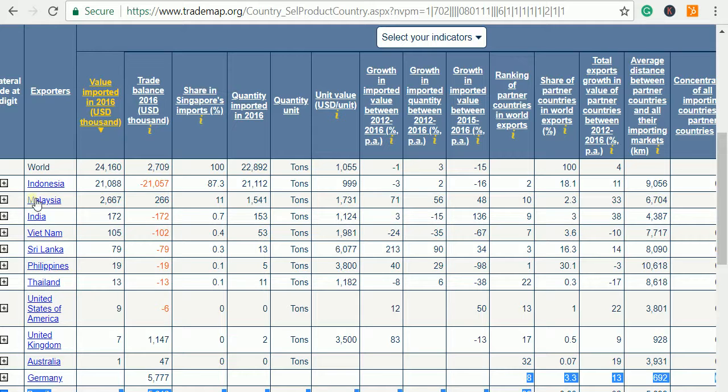When we see, there are two competitors, Indonesia and Malaysia. When I see the trade balance for Malaysia, it shows that their exports are higher than the imports. That means the Malaysian buyers are either buying from India, Vietnam, Sri Lanka or Indonesia and exporting to Singapore, because Singapore is located very close to Malaysia.